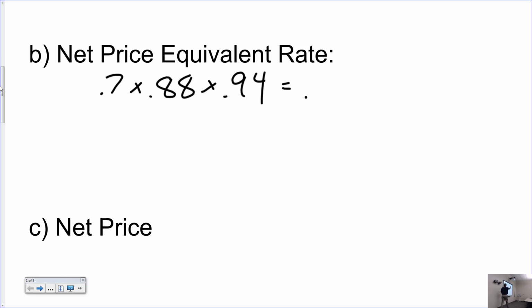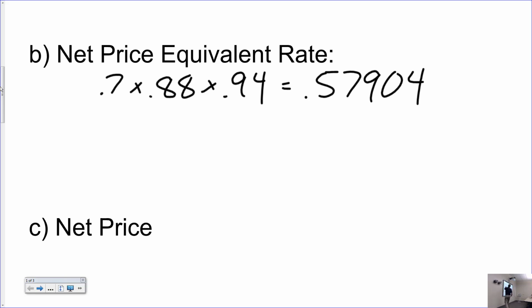And then I got 0.57904. And again, folks, do not round that number. Leave the rates exactly as they are, okay? And use all the digits when you go to use it, okay? The only time you're going to round is when you're writing a dollar sign. There's no dollar sign in that, don't round it, okay?